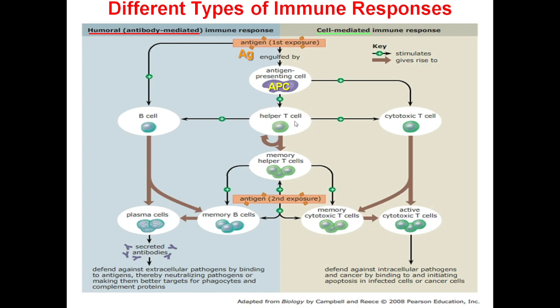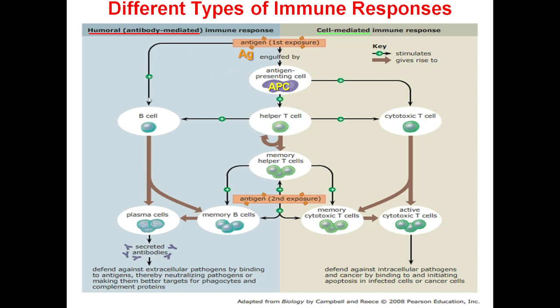If T helper cell type 2 produces interleukin 4, interleukin 5, this signal via secretion of these interleukins, stimulation signals, as shown here by the plus in the green field, stimulates B cell.